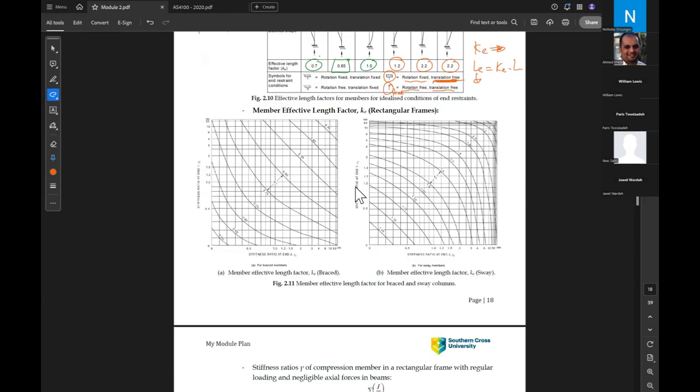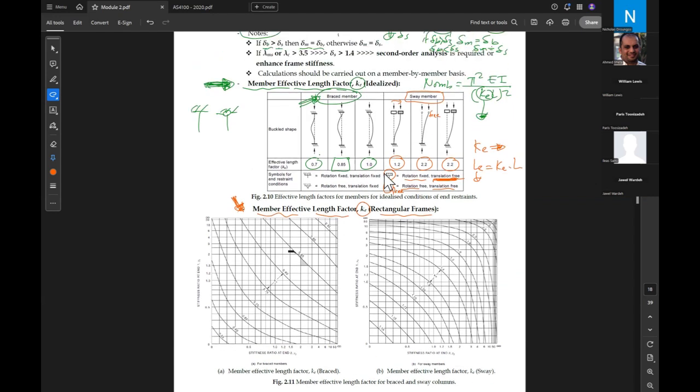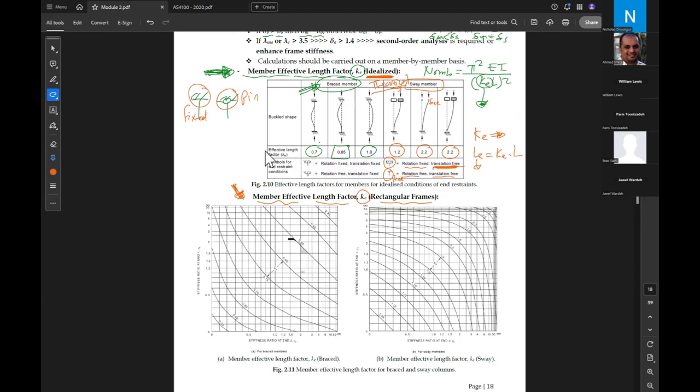Another method is used to find KE, the member effective length factor for a rectangular frame. This method is called the idealized or theoretical method, because in this case we assume that we have fixed or pin ends, but actually in real life we don't have ideal fixed or ideal pin supports.